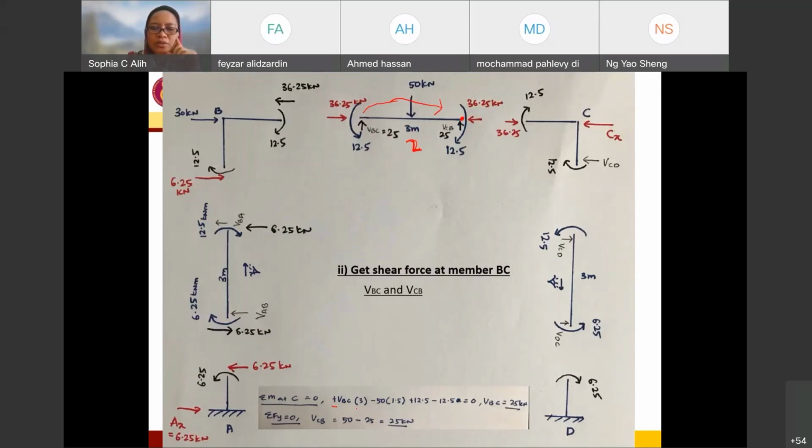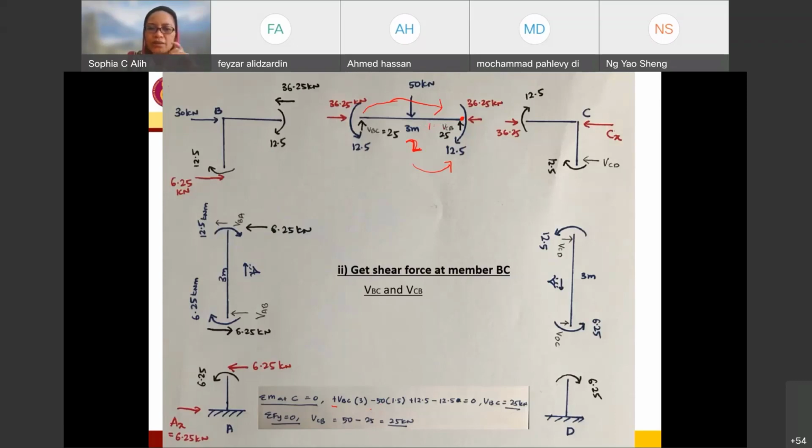So I have VBC times 3, and I also have the external force 50. In order to get to C, it follows this direction, so it's going to be counterclockwise, so it's negative. This one is 50, moment arm is 1.5, so I have negative 50 times 1.5.